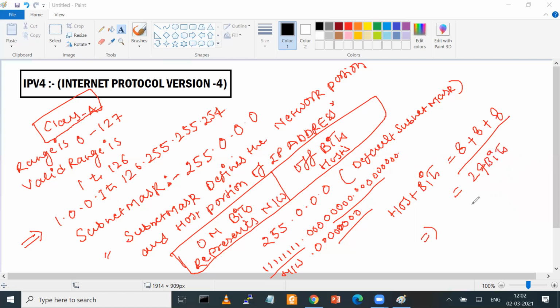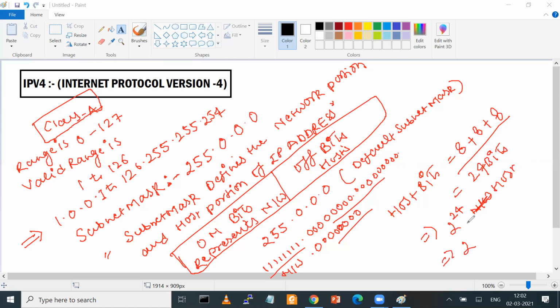So it means we can use 2 raised to the power 24 hosts or users. Means we can connect 2 raised to the power 24 users.